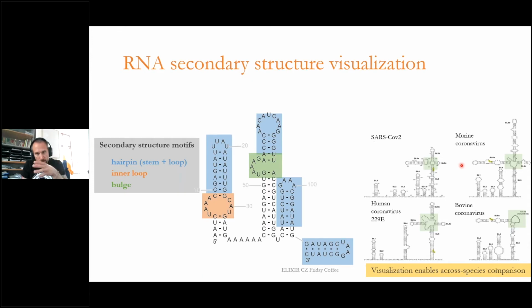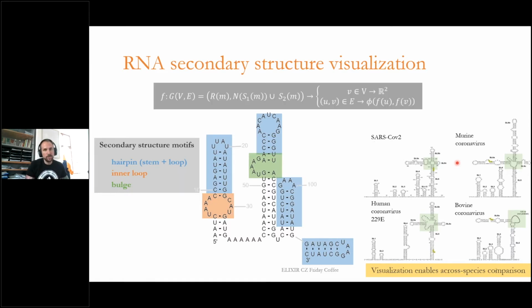So how do we go about laying out these secondary structures? The problem of RNA secondary structure visualization can be treated as a graph drawing problem, where the vertices of the graph correspond to the nucleotides, to the bases, and edges to the secondary structure, to the base pairing information. And we would like to assign 2D positions to the vertices and polylines or splines to the edges, right?